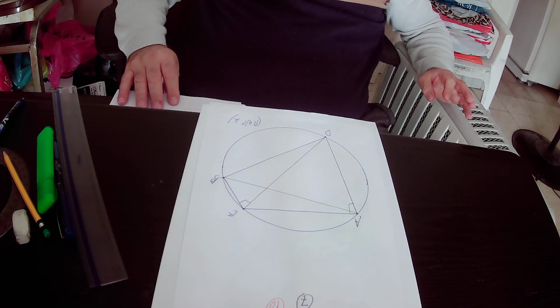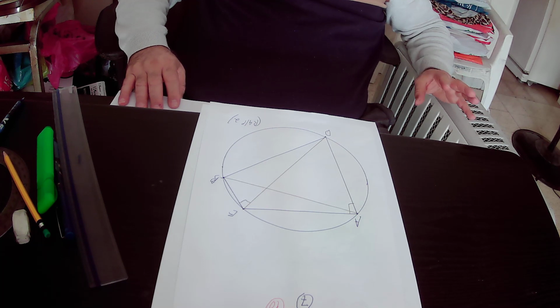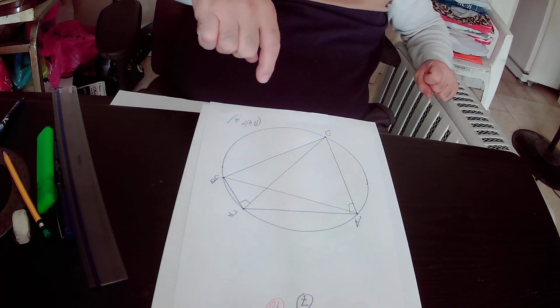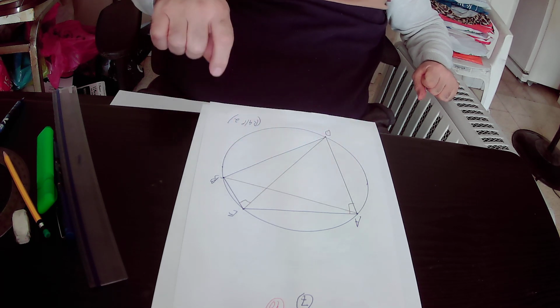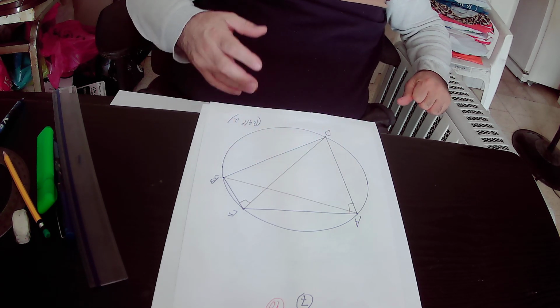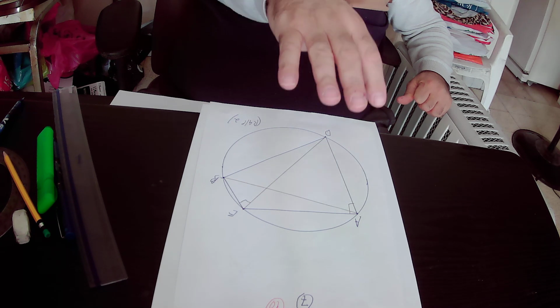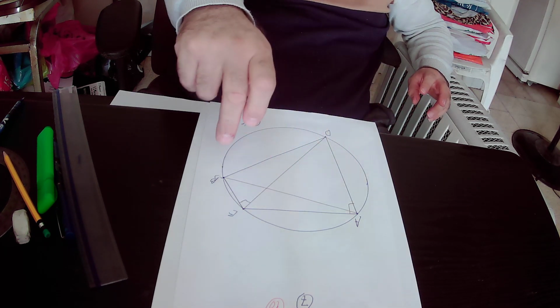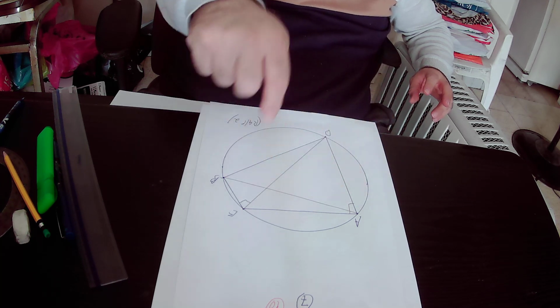Okay? So we have here quadrilateral AEBD that is inscribed by this blue circle. Therefore, we can implement rule number 3 in this drawing. Why? Because we have quadrilateral AEBD that is inscribed by this blue circle.